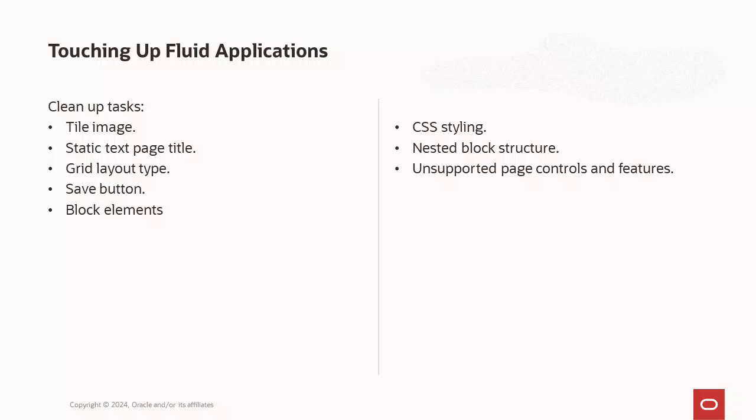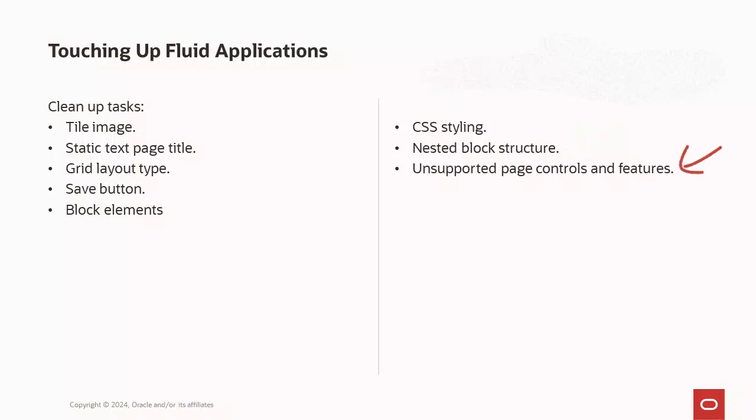For the purposes of our demonstration, we'll focus on making the tile more user-friendly, removing the static text page title, setting the grid layout type to a type optimized for Fluid applications, adding any buttons required such as a Save button, converting inline elements to block elements, applying CSS styles as needed to adjust layout or look and feel, and creating a nested block structure.